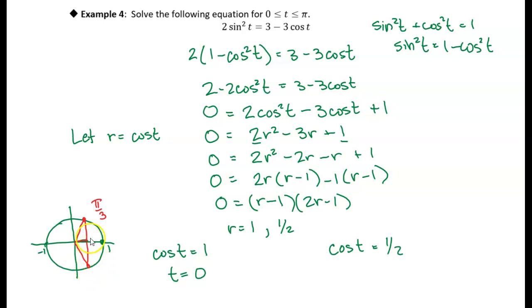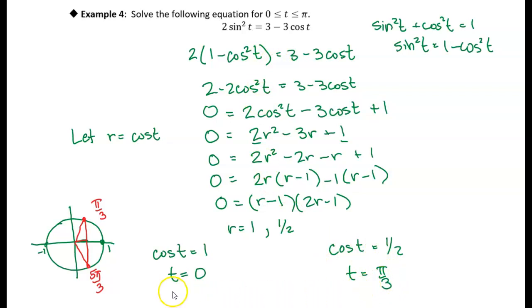But this is 5 pi over 3, and that's not in the range that we're looking for. We're looking just for t values between 0 and pi. So the only solution to this equation on that interval from 0 to pi is pi over 3.